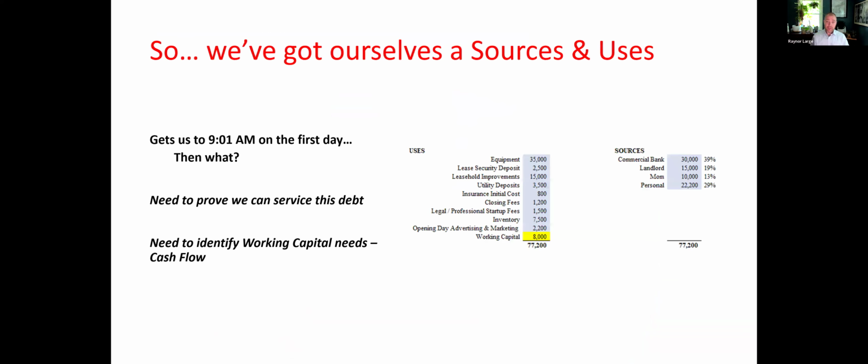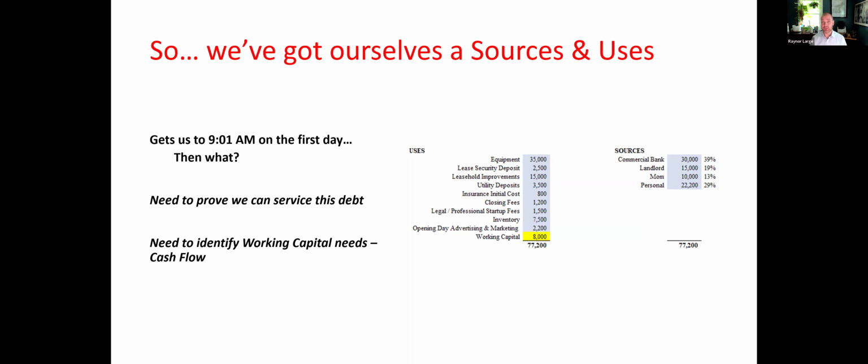So one thing that I see often that banks don't like is working capital broken out, right? If you say, oh, I need rent for 6 months, and you include that in your uses of cash statement, well, that's fine, but if your rent gets paid, but your advertising budget doesn't, are you still in business?